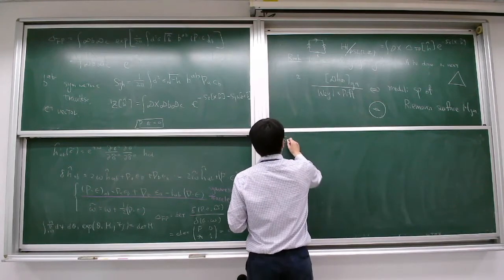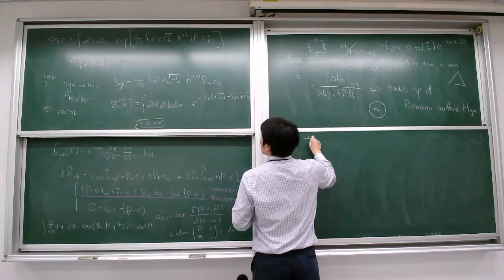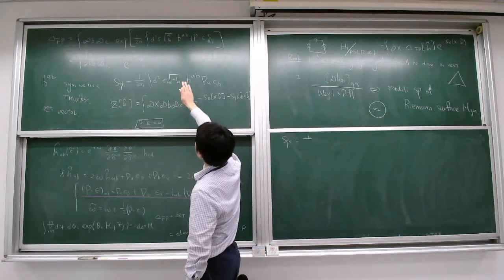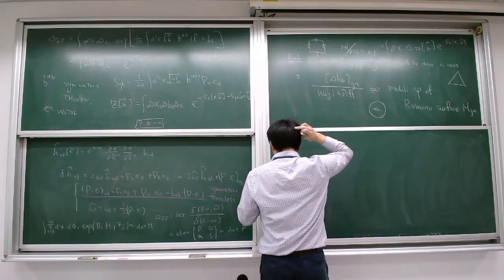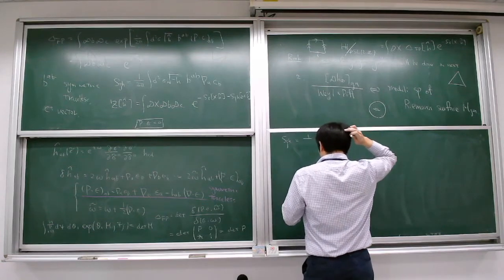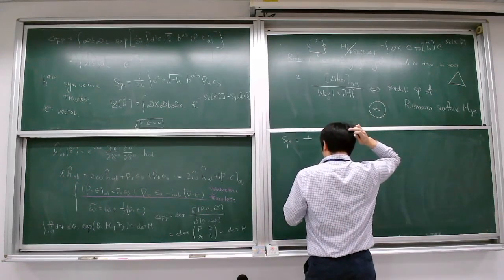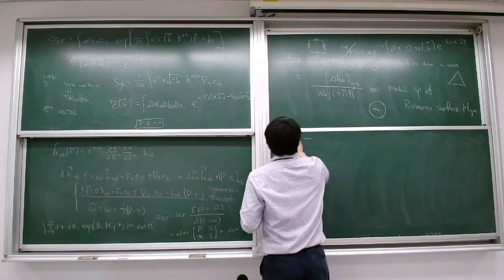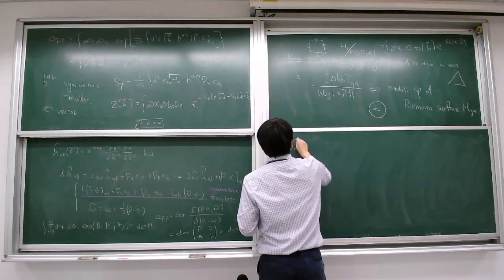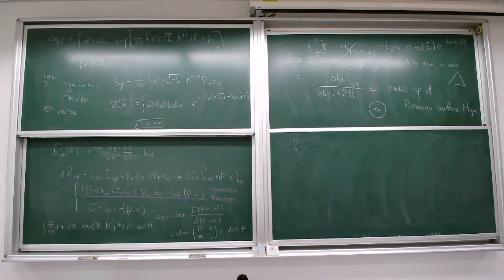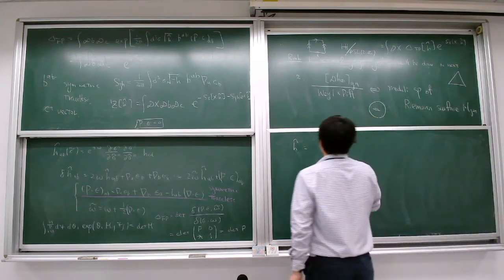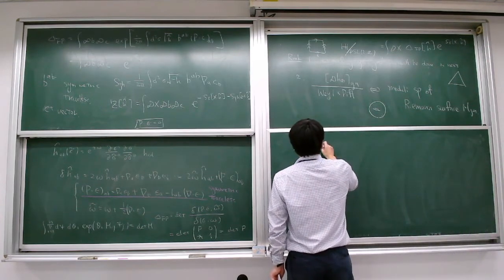S ghost, so let's rewrite this action in a more explicit way. Okay, so for h hat, we can take some particular gauge, so I will just take the conformal gauge.